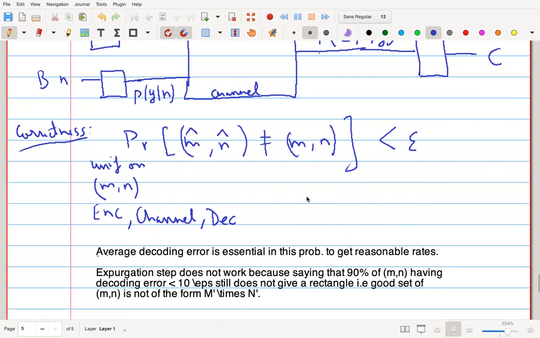So this probability over all this randomization should be less than epsilon. And we remark that the average decoding error definition is essential in this problem to get reasonable rates, because the expurgation step does not work, unlike the point-to-point case. We discussed why it doesn't work at this stage.